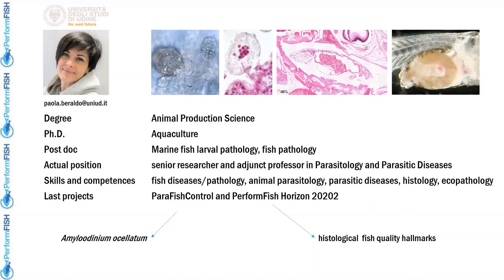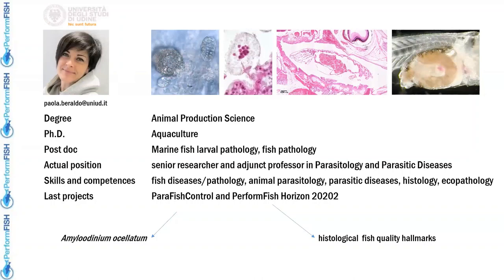My interest and research activity concern fish pathology and parasitology. In fact, the Parafish Control Horizon 2020 project was one of the last projects that UniUd was involved in. And in this case, we work on Amyloodinium ocellatum. In addition, my expertise includes also fish histopathology.